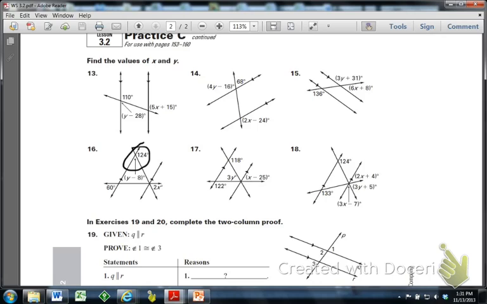That's how I would find that one. Here, I've got to find that x, so I don't know where I'm going to get that x. I've got a 60 degree angle here, and that may be even easier. Maybe I should have said 60 and y minus 8 are congruent.